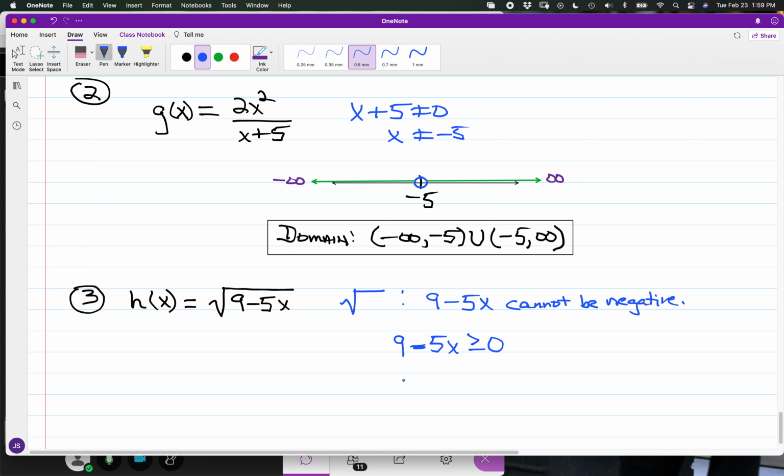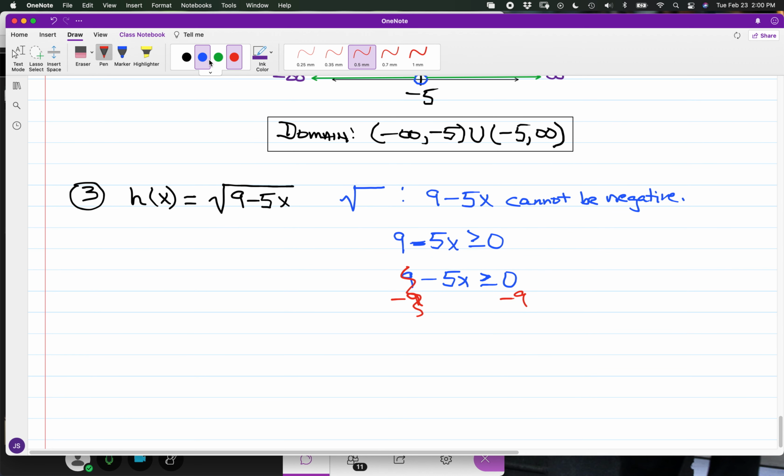And we get the x term by itself. If I take 9 away from both sides, I have negative 5x is greater than or equal to negative 9.